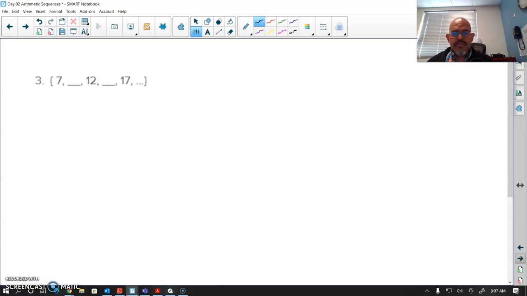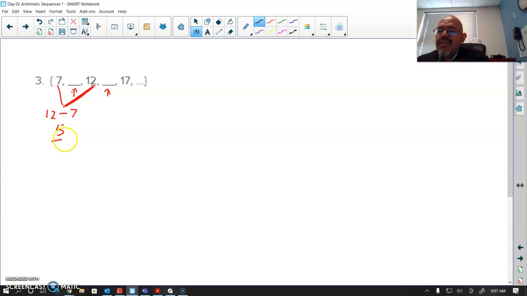Now this one's a little bit more difficult. Right here, we don't know what the number is right here or right here, but we can at least take the common difference between these two numbers. So this is going to be 12 minus 7, which gives us 5. And since we're looking for the number in between and it's going to be equally spaced, we just need to divide that by 2, because it's like the average between those two.